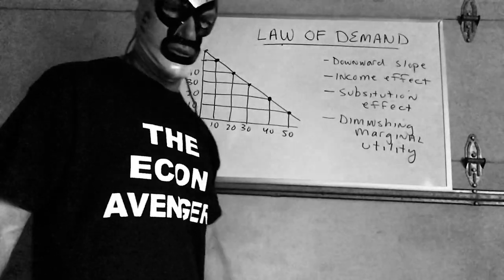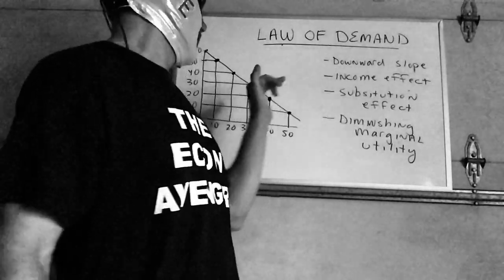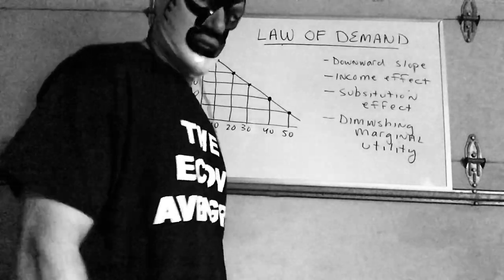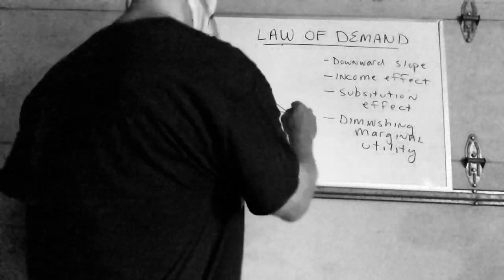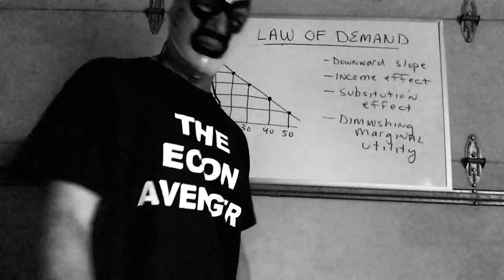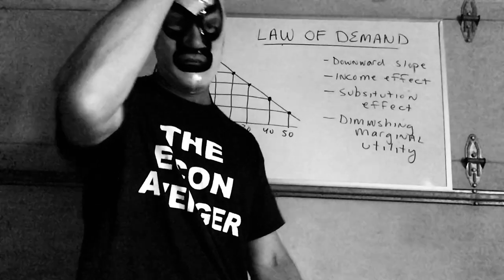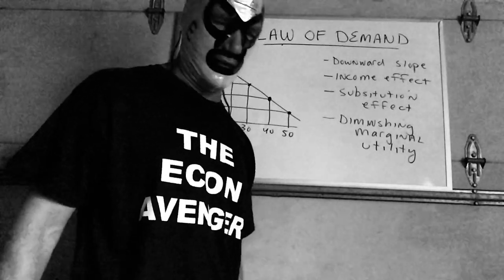All right, the substitution effect. This is when you're comparing whatever demand curve this is for something, and I want to make sure you label this as D. I don't think I did that last time. Damn it. Yeah, D, that's your demand curve. Remember that. The Econ Avenger every once in a while forgets big things.